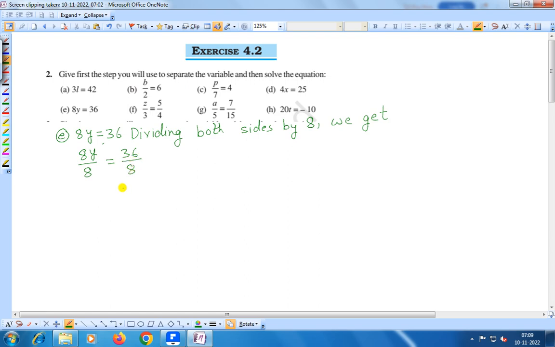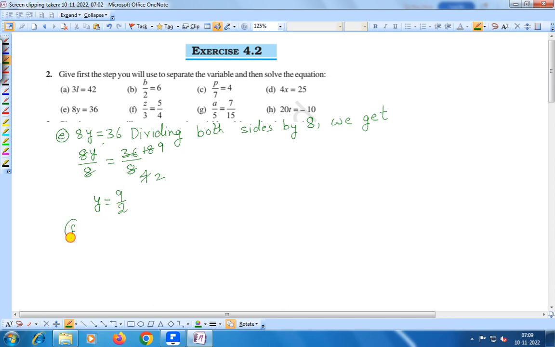If we change into lowest terms, 2 4s are 8, 2 18s are 36, and the 8 and 8 will cut. Therefore y is equal to 9 by 2. Now question number F.